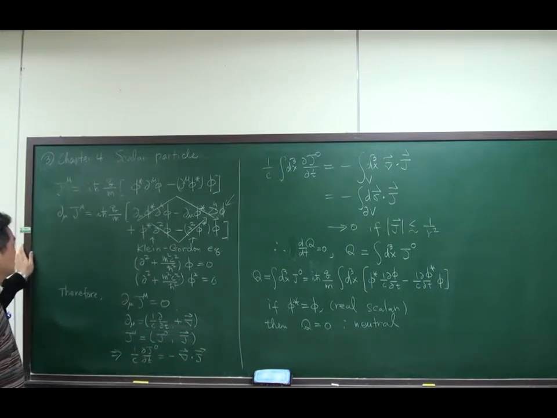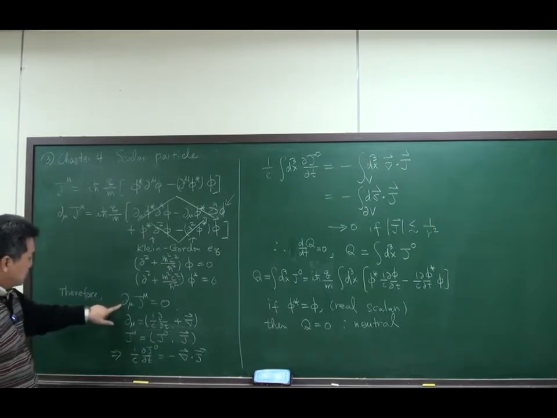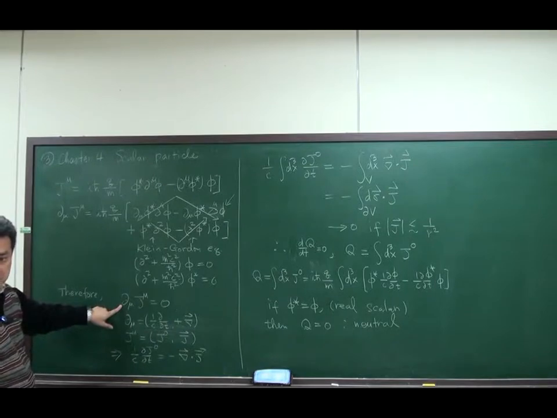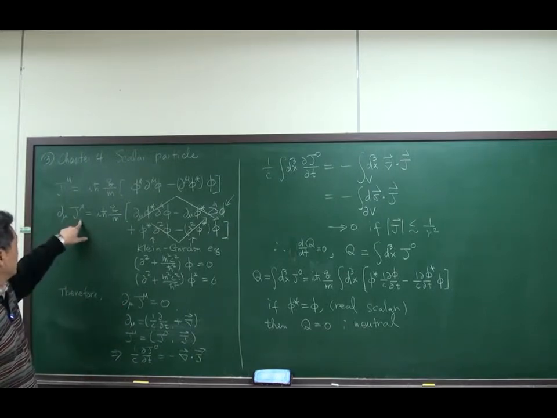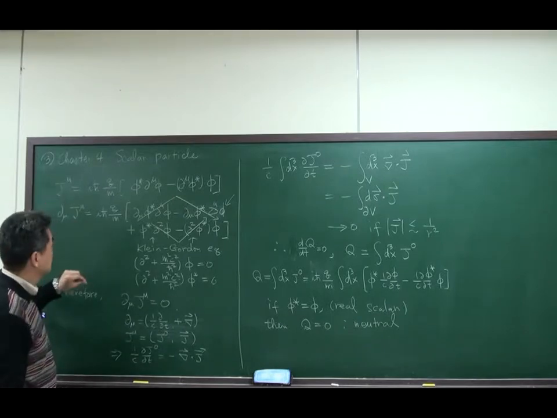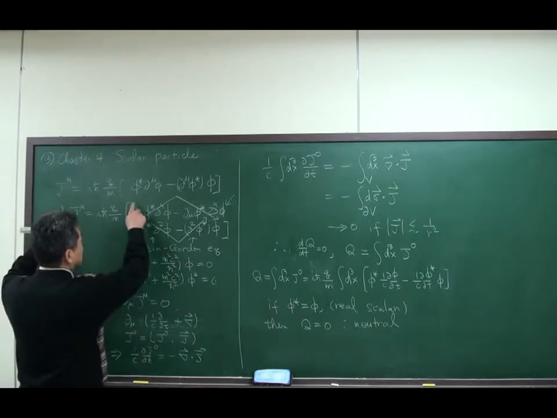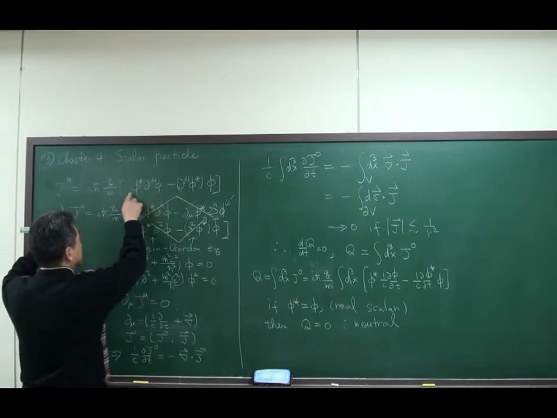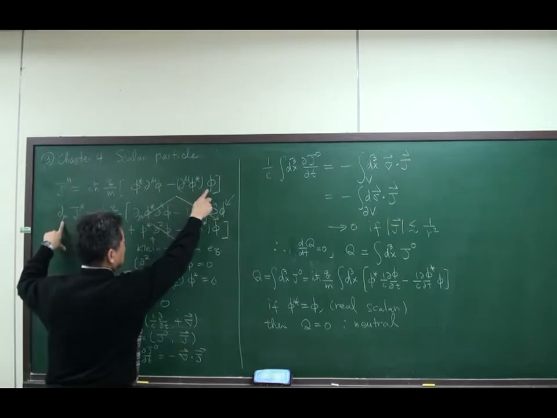And if we take the derivative, we find that it satisfies the continuity equation. And ∂_μ J^μ can be calculated directly from this definition. If I take the derivative, I have four terms: derivative with respect to here, here, here, here.